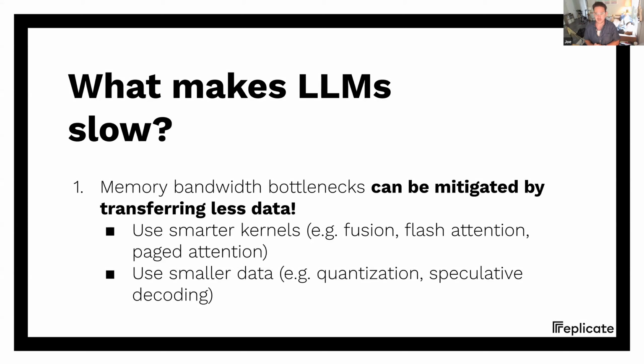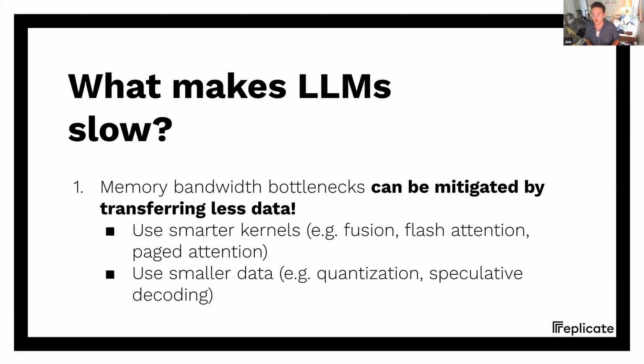And we fix this by transferring less data. There are a number of strategies that we can use. Some of you have probably heard of CUDA kernels. They're very fancy. There's another large organization around learning CUDA. And one of the best ways to mitigate the memory bandwidth bottleneck is to just use better CUDA kernels.